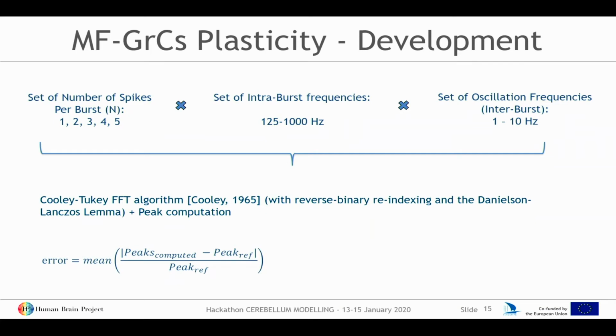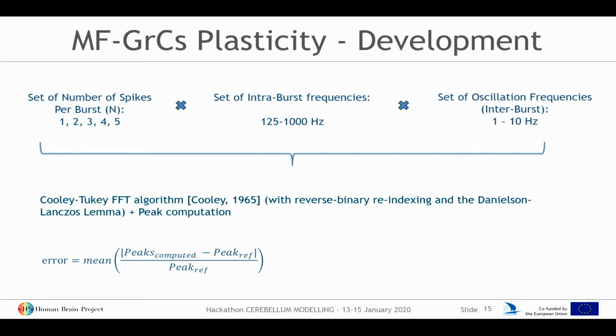So we stayed in the theta band, more or less, the frequency band that experimentalists use in their experiments, and with different intra-burst frequencies, so the frequency within the single burst.